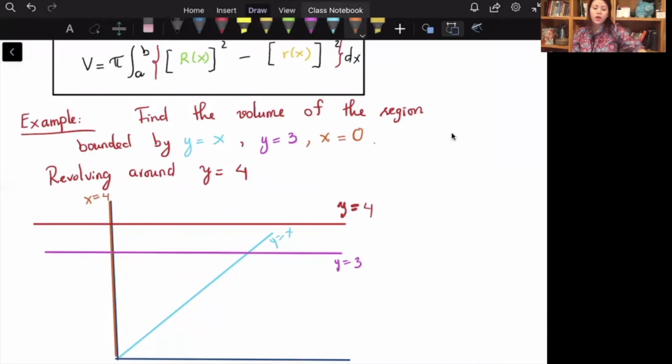And suppose I want to rotate the region, which is just this region right here, around the horizontal line y equals 4, right? Around this line.